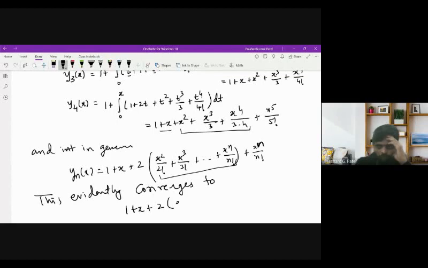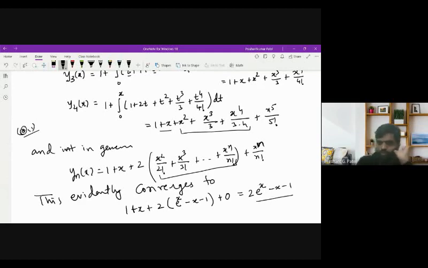This will converge to e power x, because the first 2 terms of e power x are not there, so I am subtracting them, that is minus x minus 1, plus a remainder that will converge to 0 as n tends to infinity, because x is in the neighborhood of 0. So finally you will have 2 e power x minus x minus 1.